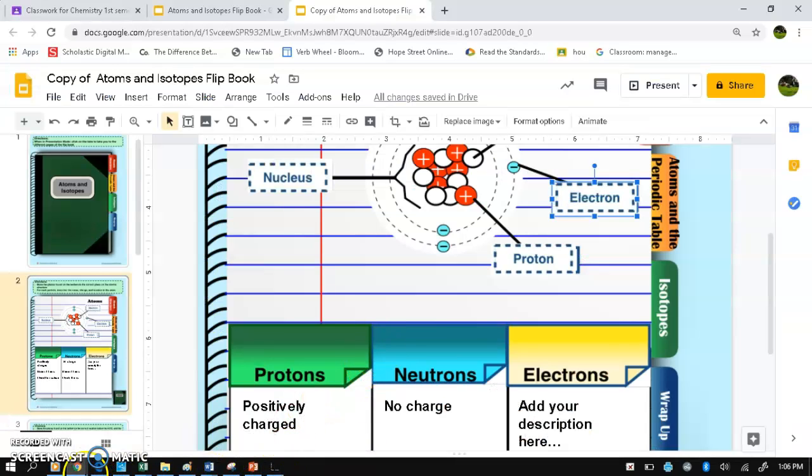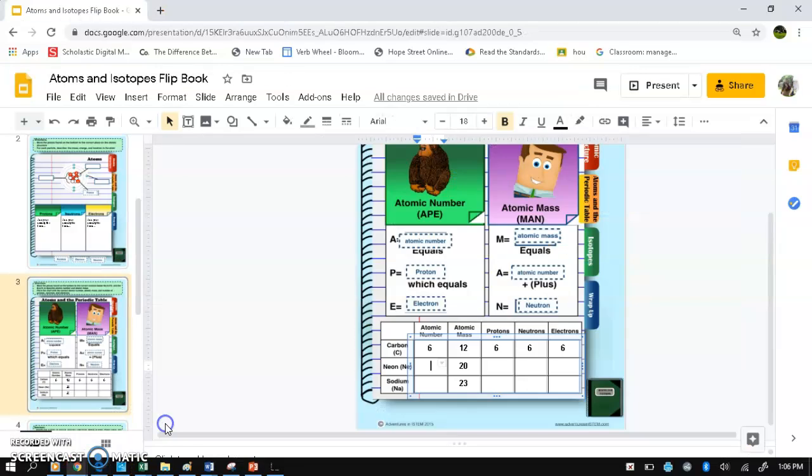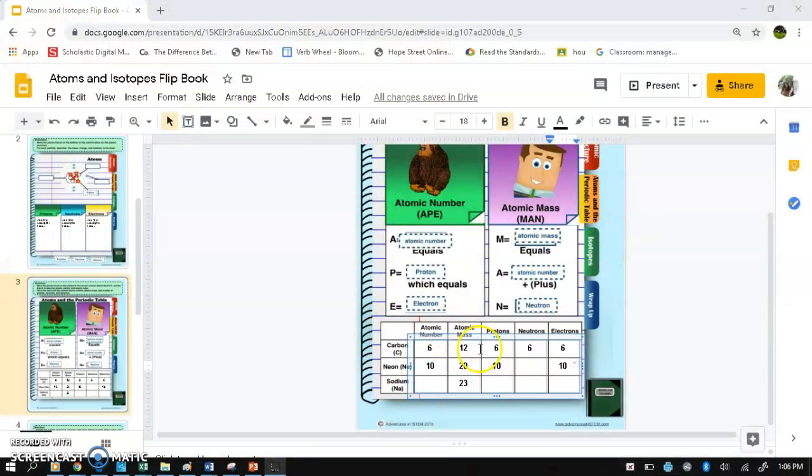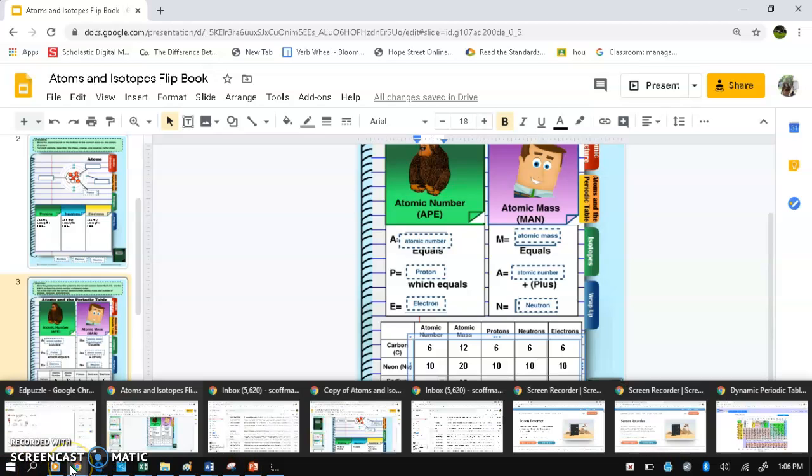And this is why I'm kind of doing it for you guys. Now, protons is the atomic number, and guess what? It's the same as electrons for right now. For right now. Okay, so I'm going back. So 10 plus what number equals 20? Well, in that case, it is 10. Again, I want to stress that these are usually not the same, but just in these two, they made it a little easier.